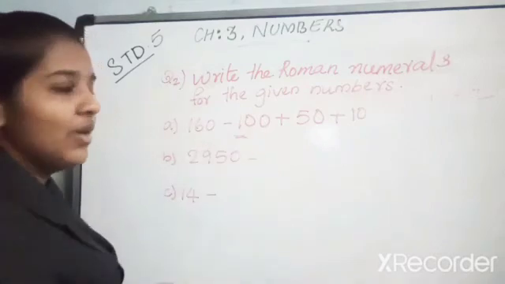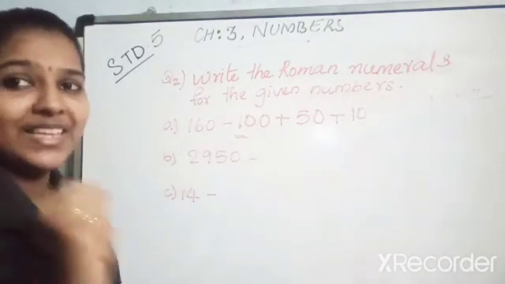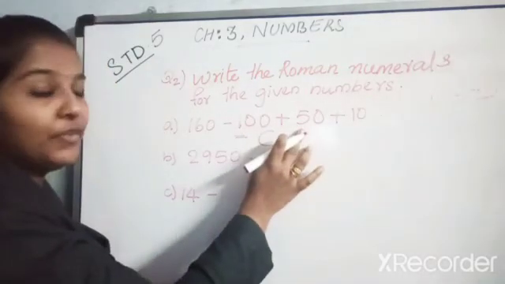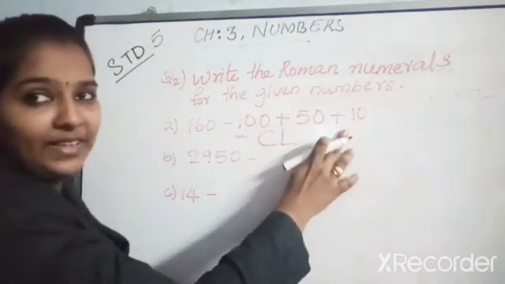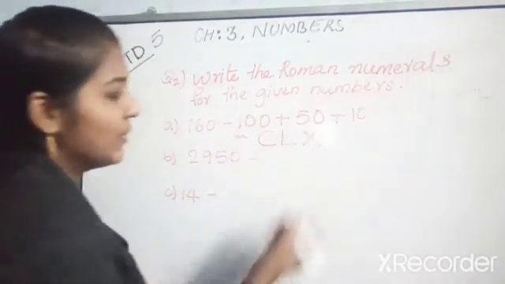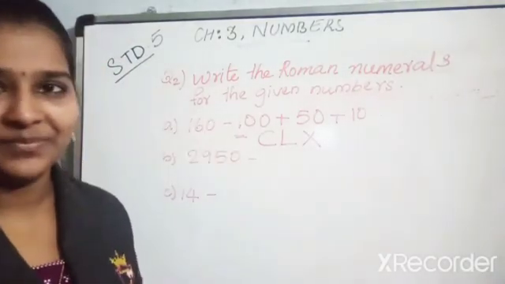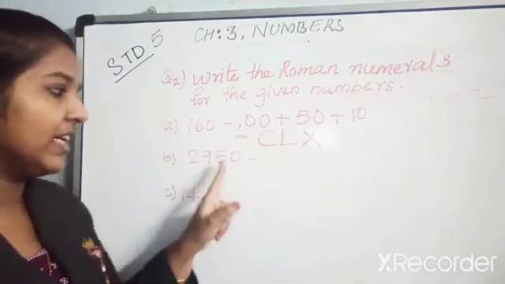Okay, so tell me what is the Roman number for 100? That is C. So C, then what is for 50? That is L. Then what is for 10? That is X. So CLX is 160. Got it, children? Now the next one, 2950.